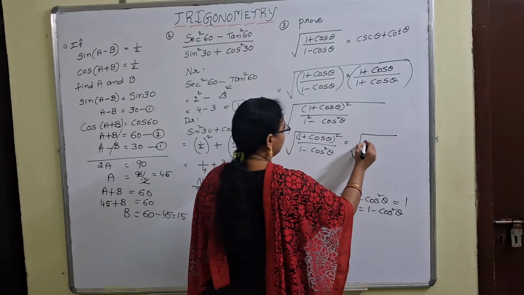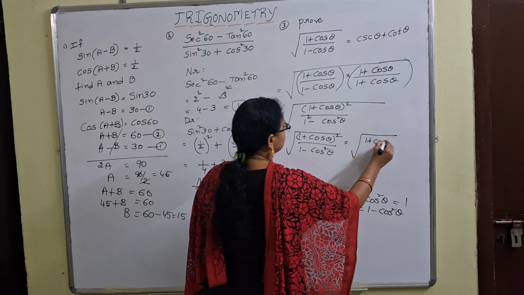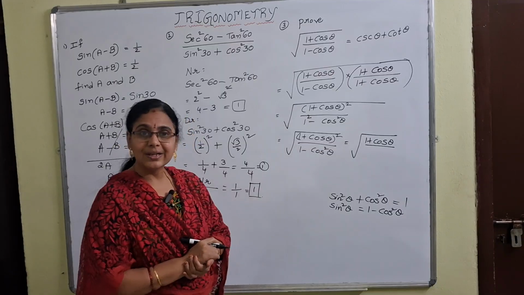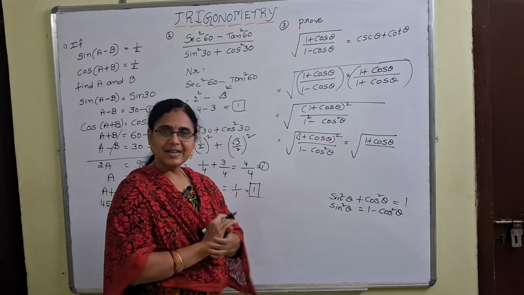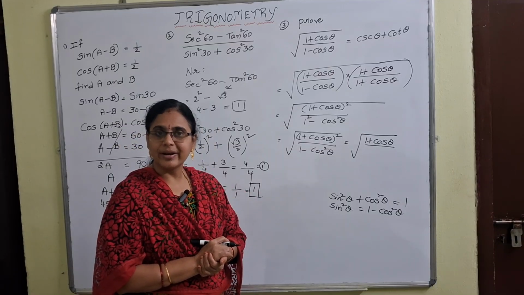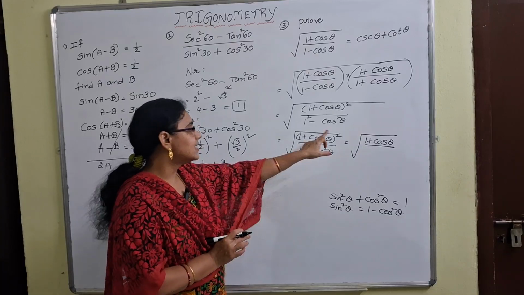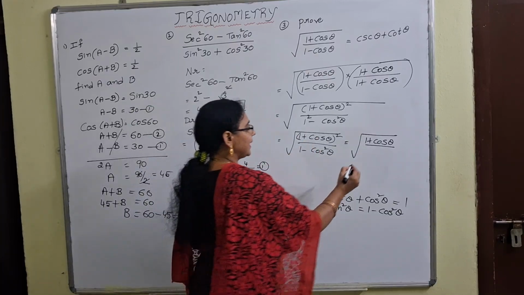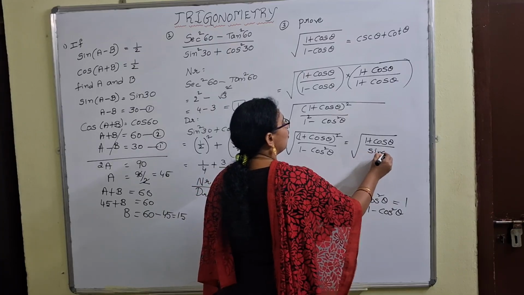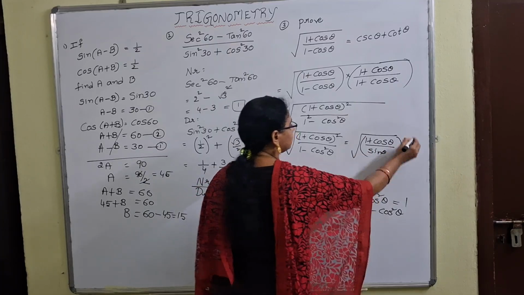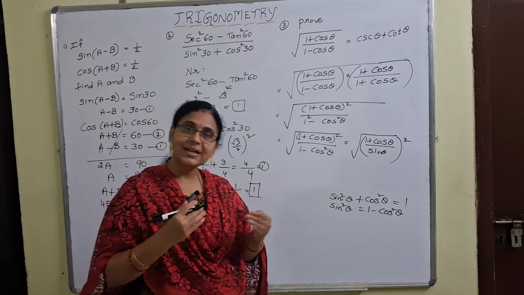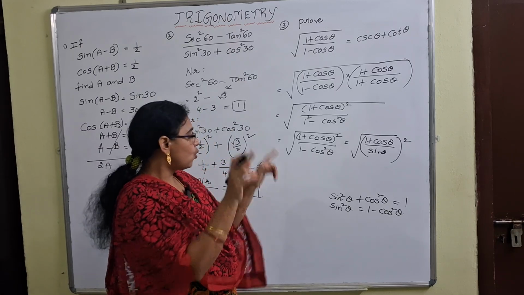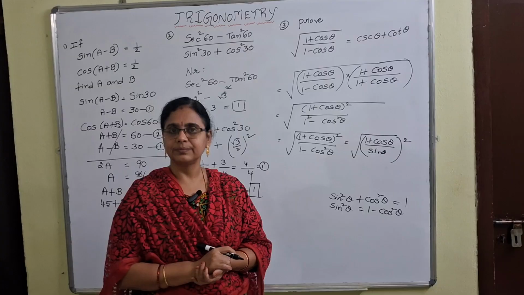Now root of 1 plus cos theta by, here 1 minus cos square theta means how much? Sin square. Am I right? So numerator has a square, denominator also sin square, so sin theta whole square. Numerator has a square, denominator also having square, that's why whole square we can write here.